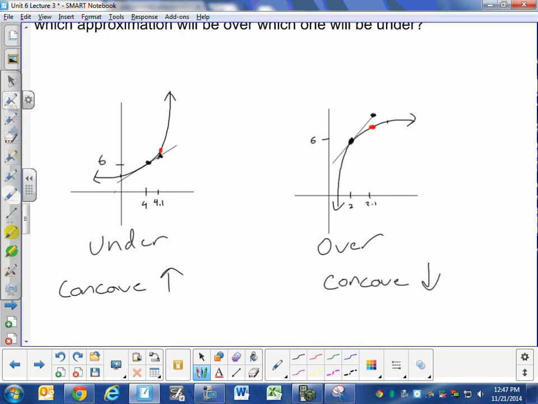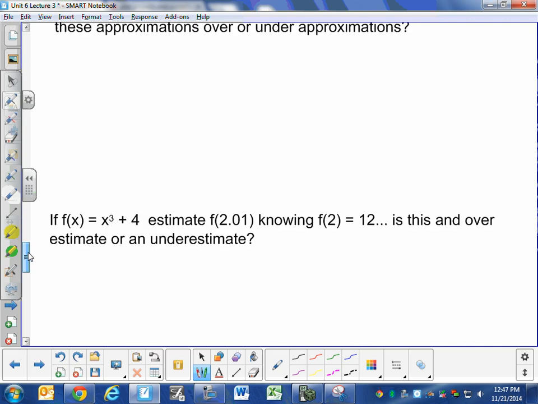So, if I can produce a tangent line at a point, and if I know the concavity of my function, I not only will be able to produce a decent approximation, I will also be able to say, hey, that's an approximation, and it's going to be over or under my specific value.